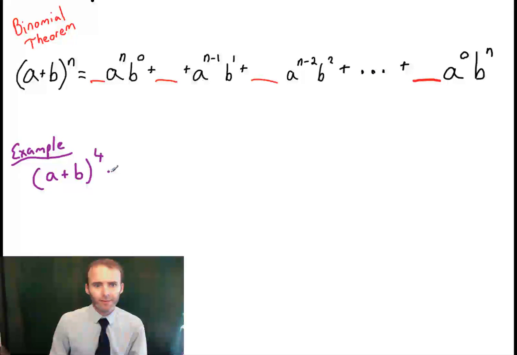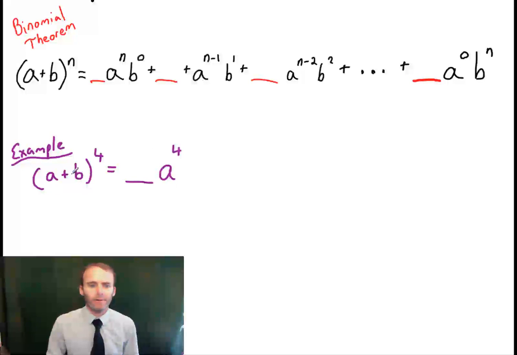Okay, here's an example, and we're going to follow this scaffolding right here. So a plus b to the 4th. Well, let's leave a blank here right now. In my first term, we have a, and we're going to put that to the highest exponent, so that's a to the 4th. And my b value, that's my second one, we're going to start off, that's b to the 0.